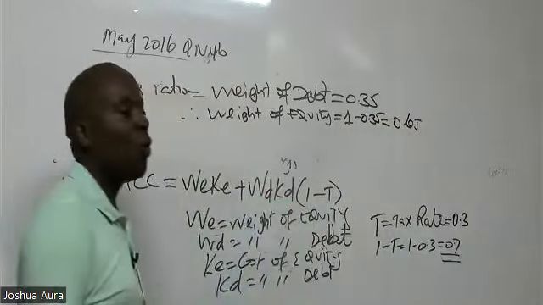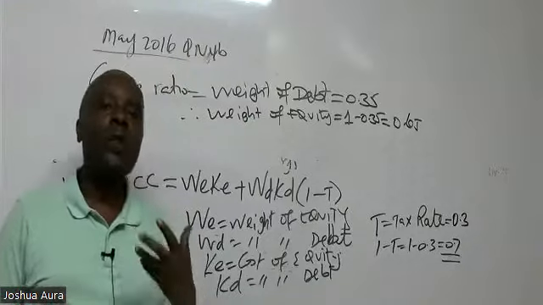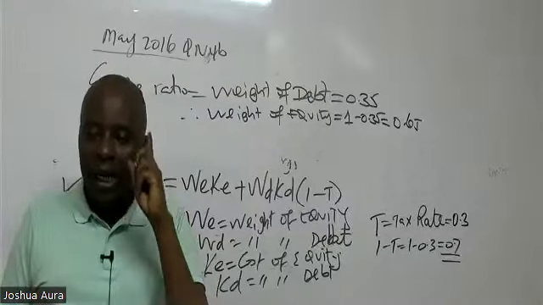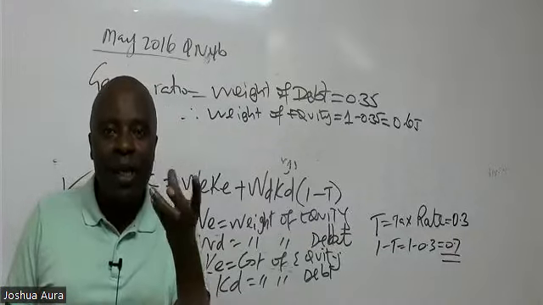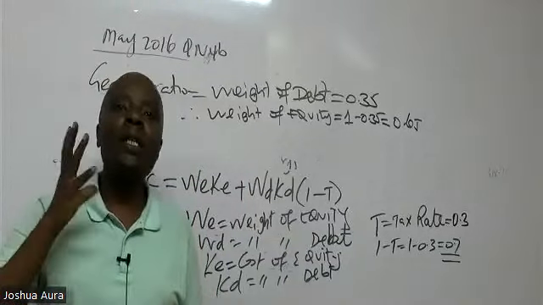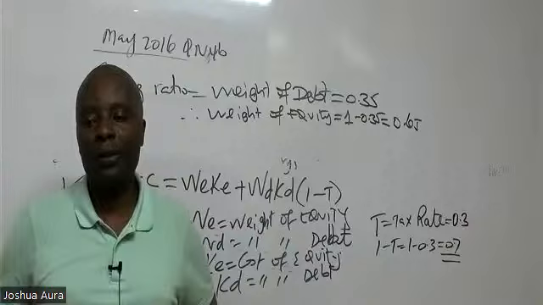The two are mutually exhaustive. When you add the two, they must always add up to 1. Once you tell me one component, getting the other is as easy as a walk in the park.